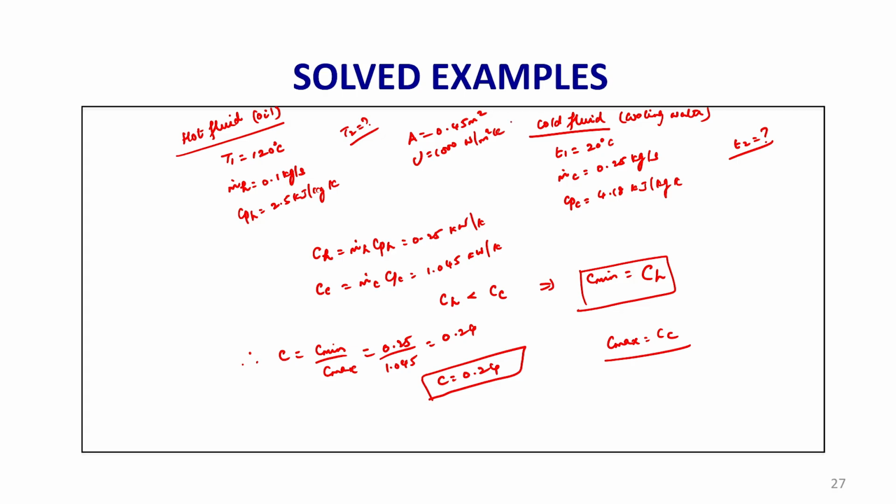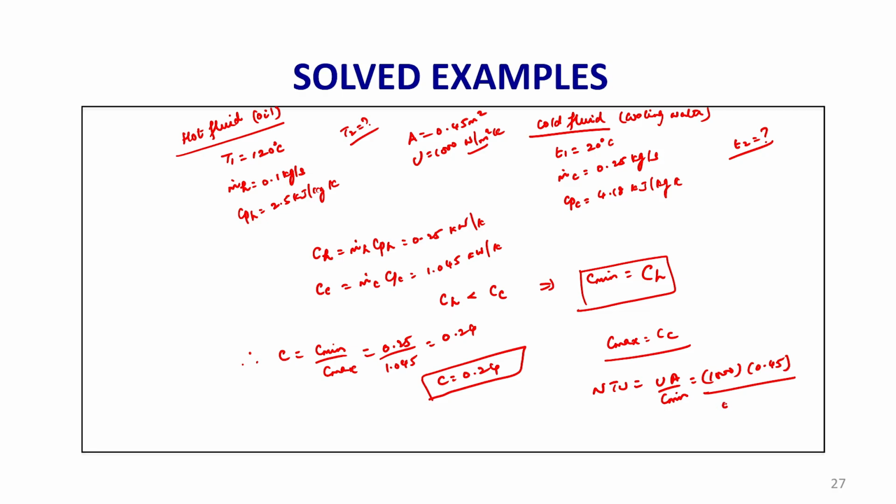Because we know U, A and C minimum, we can find NTU directly as UA by C minimum. U is 1000, area is 0.45 meter square. Since this is given in watts, the denominator should be substituted in watts only.